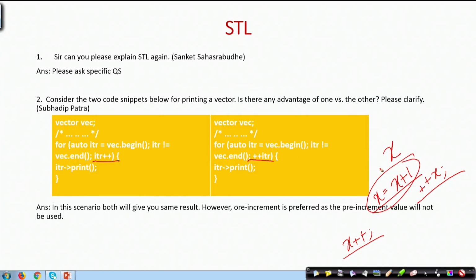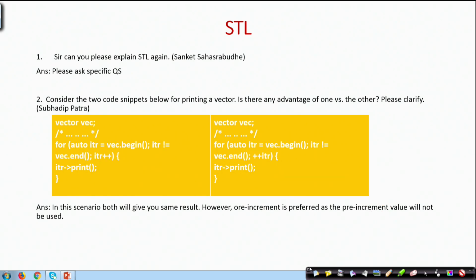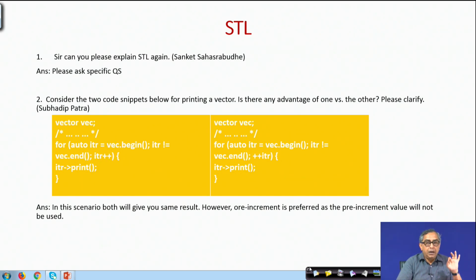It not only has to increment, but it also has to make a temporary copy of x, so that the copy can be returned. In a context like this, where you are not making use of the return value, you are just creating the side effect on the iterator, you should not use post increment. If you are not using the value of the expression, never use post increment, always use pre increment, that is more efficient, otherwise functionally they are the same.